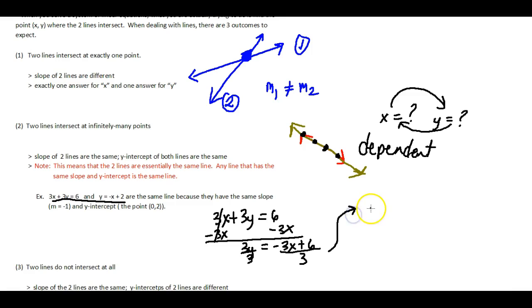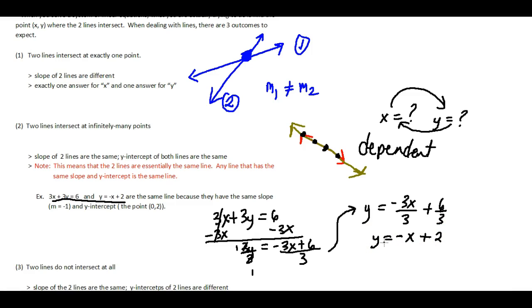We just have y on the left side because the 3's reduce to 1. Here we have negative 3x over 3 plus 6 over 3. Negative 3 over 3 is negative 1, and we write it as just negative x for short. And 6 divided by 3 is 2. You see that we have the same thing.